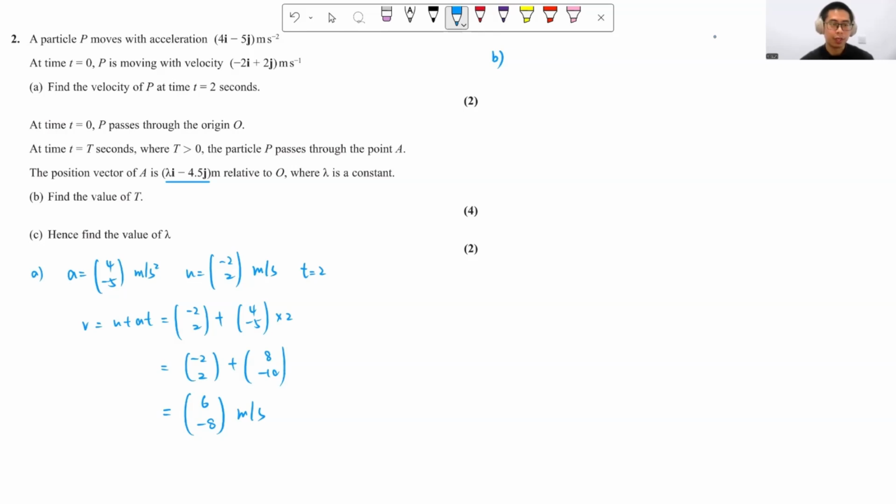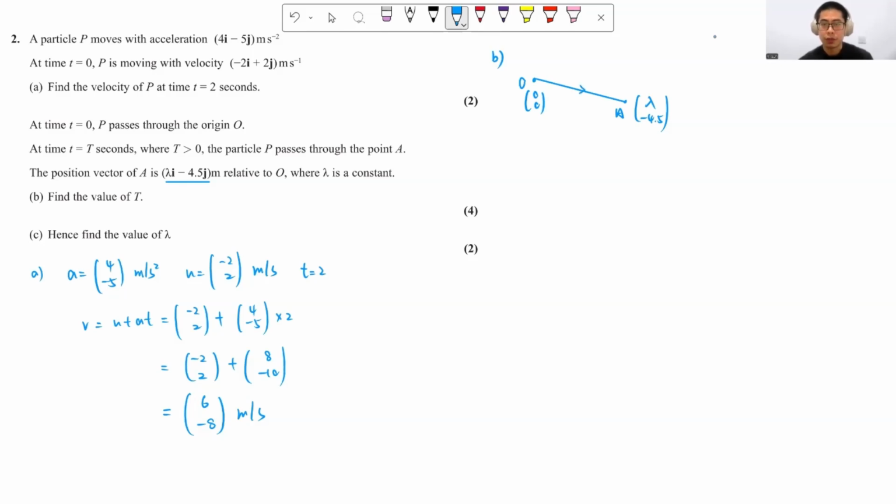So we want to find the value of T and also the value of the number. So basically, at the beginning, it passes through the origin O, and then at the end, it passes through a point A, and the position is (number, negative 4.5). So origin is just 0, 0, and then point A is (number, negative 4.5).